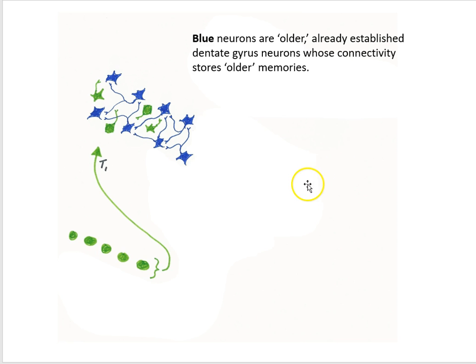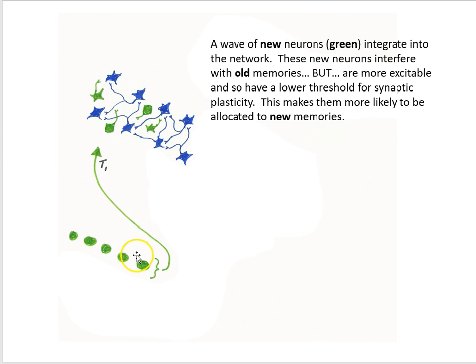So let's use some diagrams to capture neurogenesis. Here we see some blue neurons, and these are the older neurons. They've already established connections in the dentate gyrus, and that connectivity pattern stores older memories. But now we have a wave of these green neurons. These are new, young neurons, and they're going to integrate into this prior neural network. Now, these new neurons interfere with old memories.